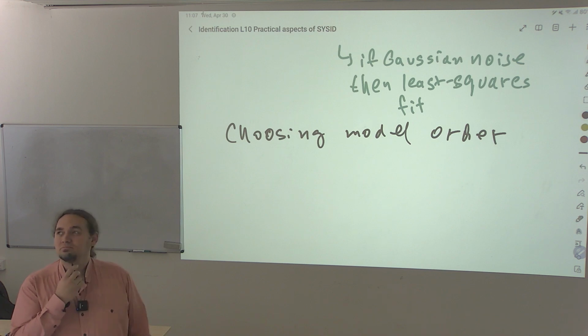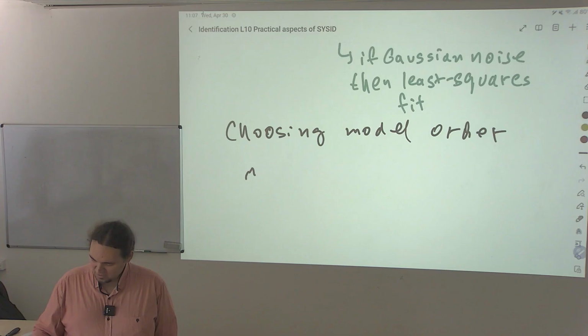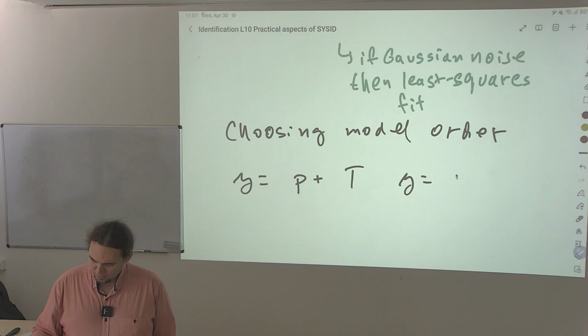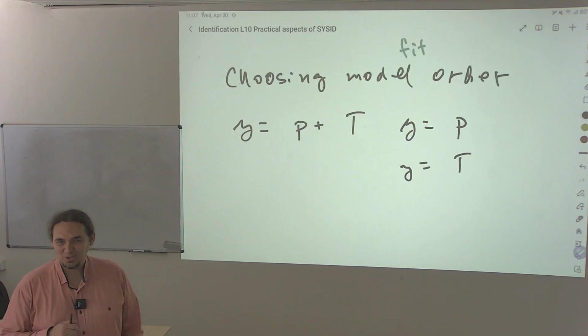Maybe I didn't understand. When we wanted to decide, should our model contain, I don't know, pressure plus temperature? Should our model contain only pressure? Should our model only contain temperature? How do we choose this?